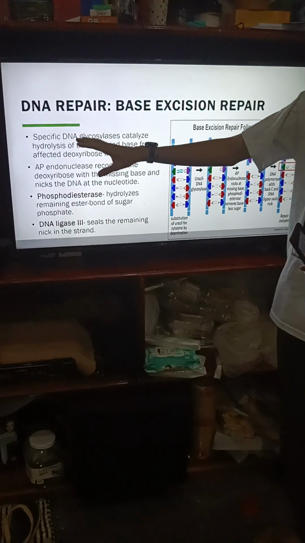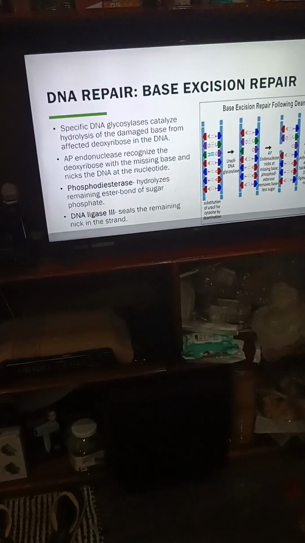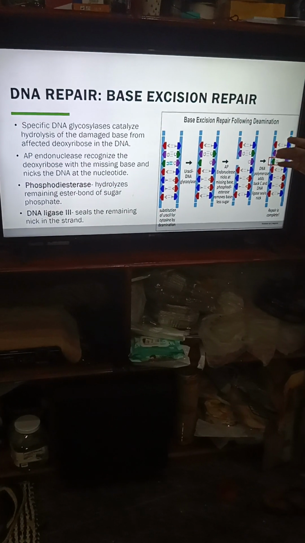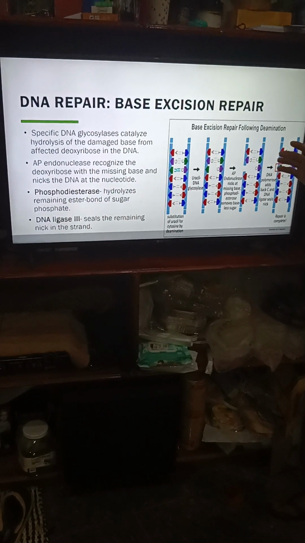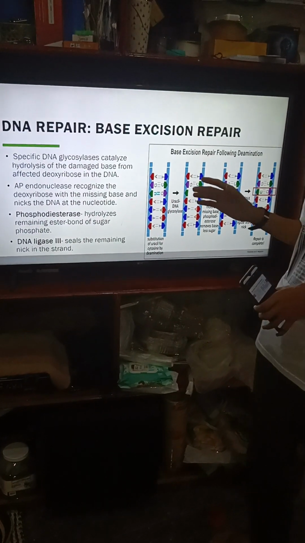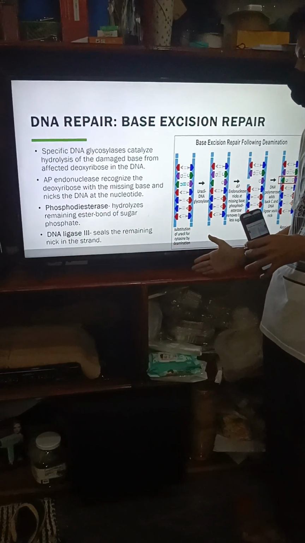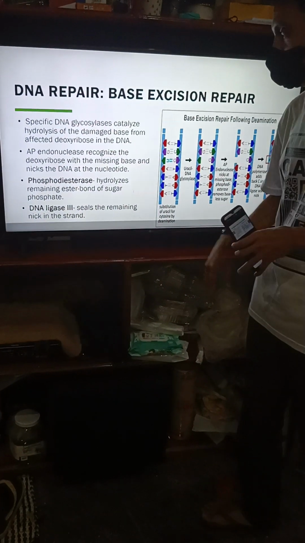So these are specific DNA glycosylases that catalyze hydrolysis, or the addition of water, breaking the bond between this molecule in order to separate them into another molecule, in which the damaged base is removed from the affected deoxyribose in the DNA.